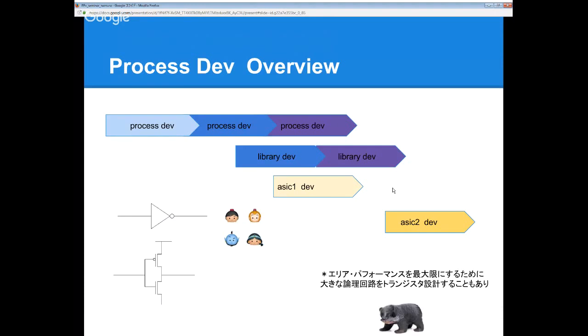But sometimes, if we need some special circuit, an analog circuit, or some high performance circuit, in that case we do a transistor level design, not like HDL. We describe the SPICE netlist and verify the function of the netlist.